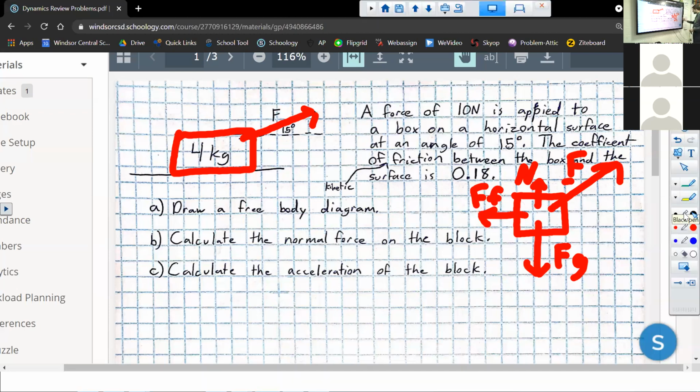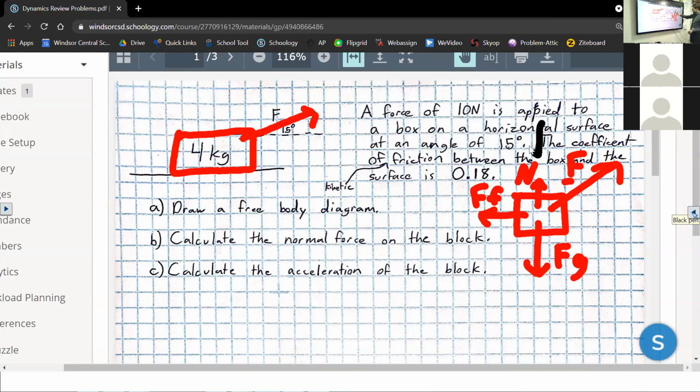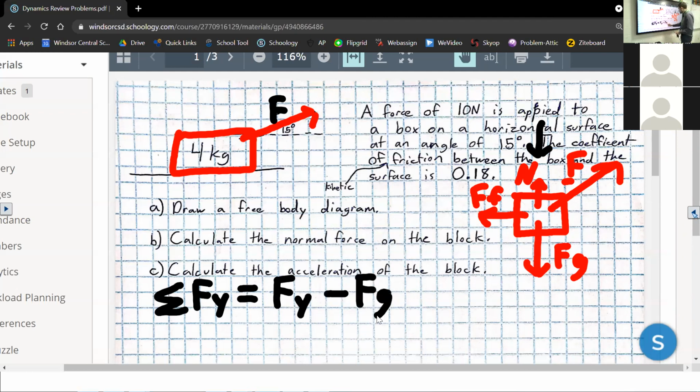Now, to calculate the normal force on the block, that is a force in the y direction. That means we want to find the net force in the y direction. So we're going to add the y component of our force F. I'm literally just calling it F. We're going to subtract off our force of gravity, and we're going to add in our normal force.